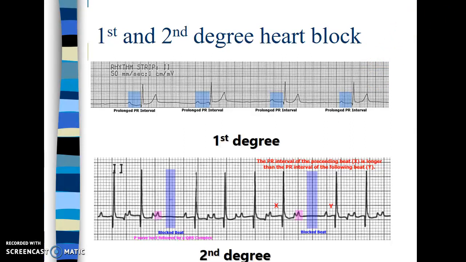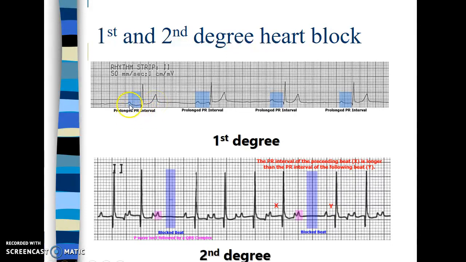If you remember your ECG, we can label several different things on it. We have the P wave here, which is the atrial contraction, the QRS wave, which is the ventricular contraction, and the T wave, which is the repolarization of the ventricles.